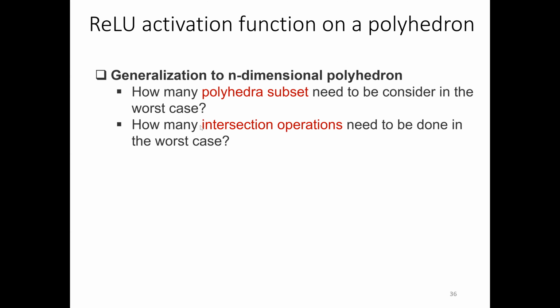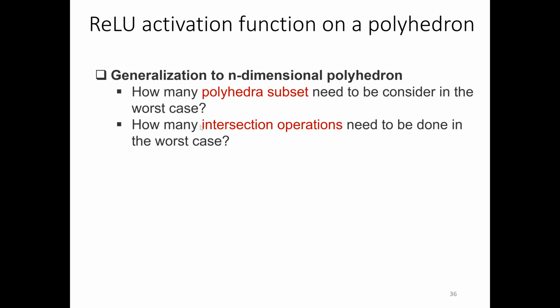However, when you increase the number of neurons at each layer, the dimension of the polyhedron increases, and then the intersection operations become very expensive.